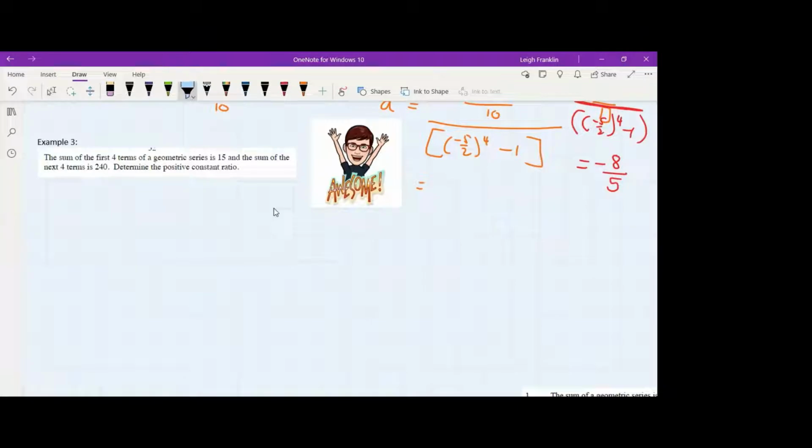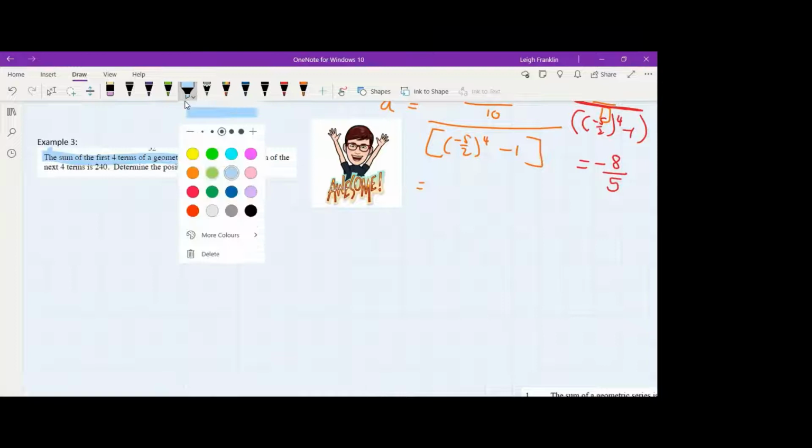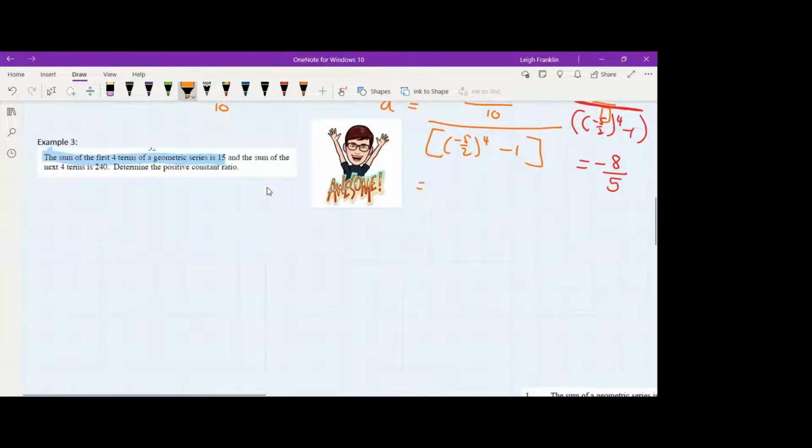All right. The sum of the first four terms of a geometric series is 15. The sum of the next four terms is 240.